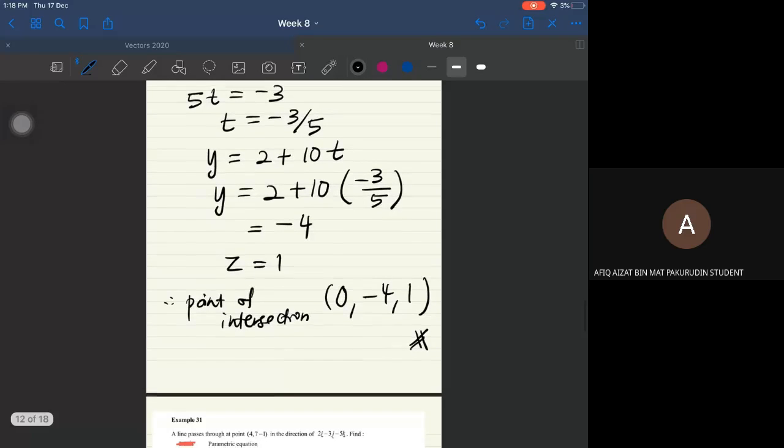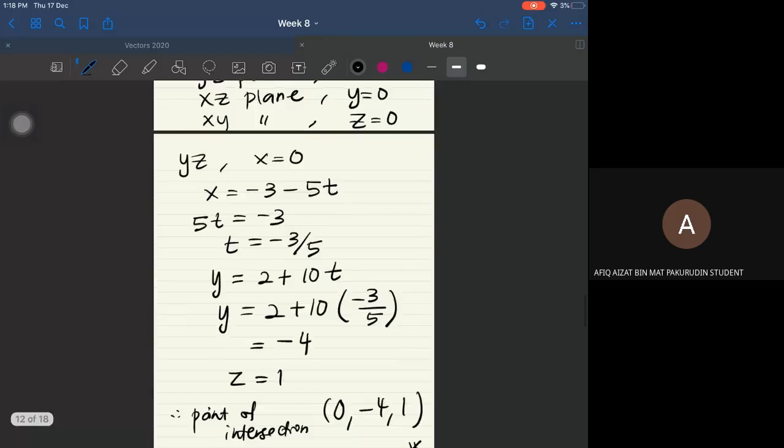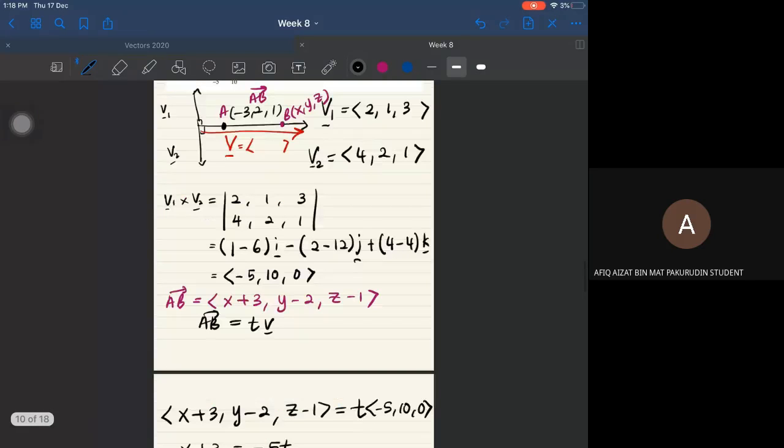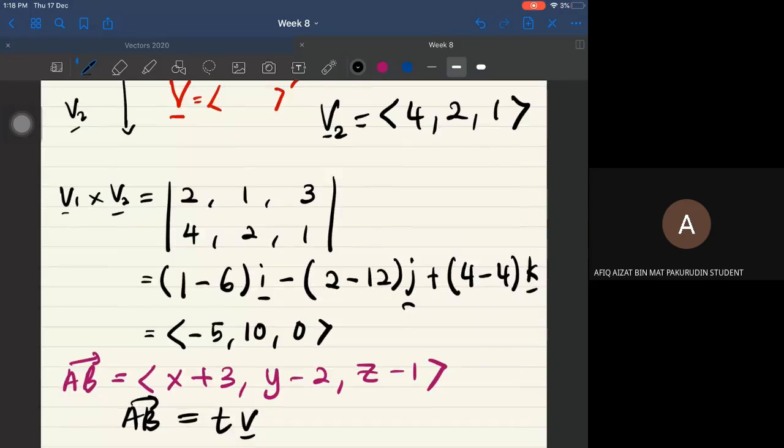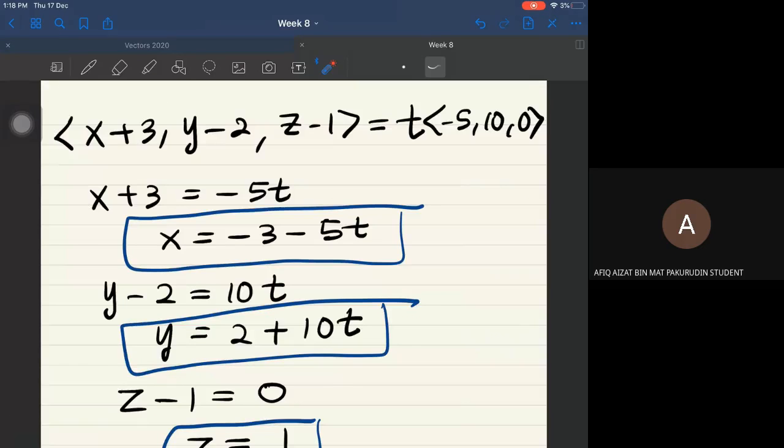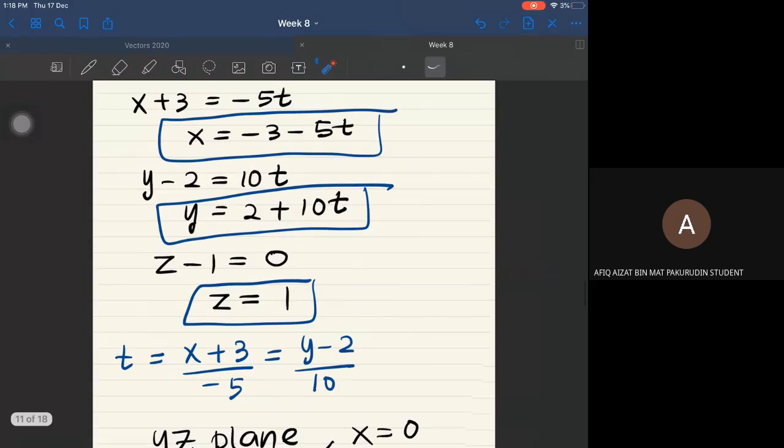Okay. If let's say you buat cross product tadi, you buat V2 darab V1. So you akan dapat opposite sign dekat sini. You akan dapat 10 tolak 5. Okay. And for sure you punya parametric equation akan jadi lain. Betul?